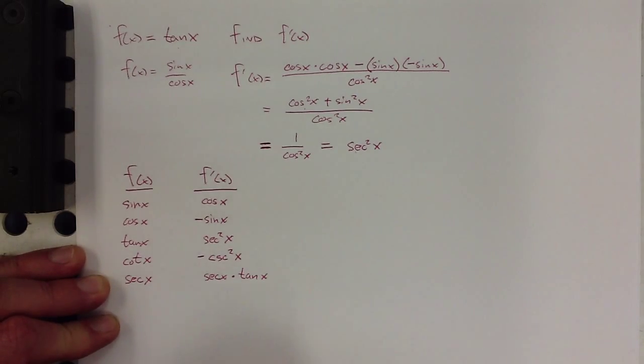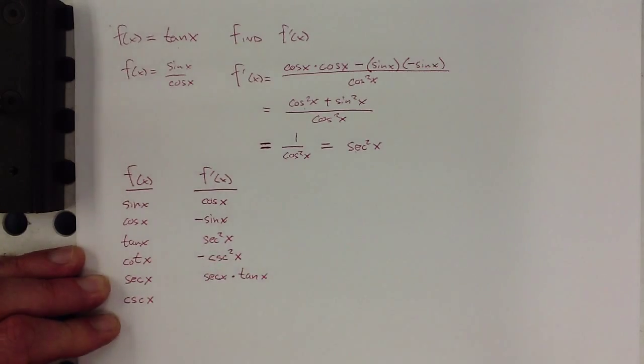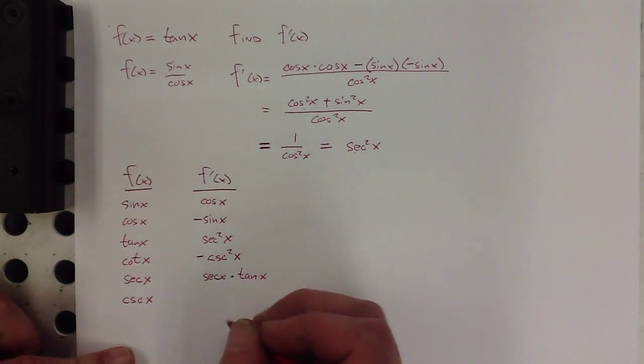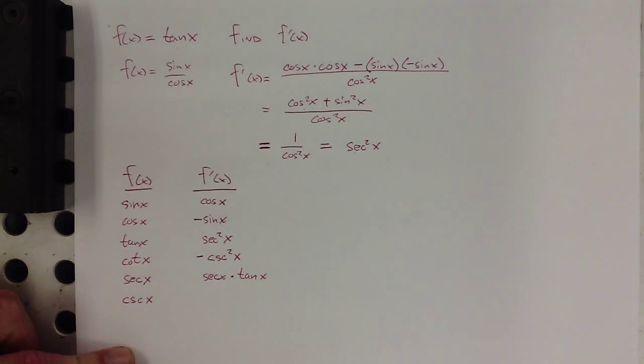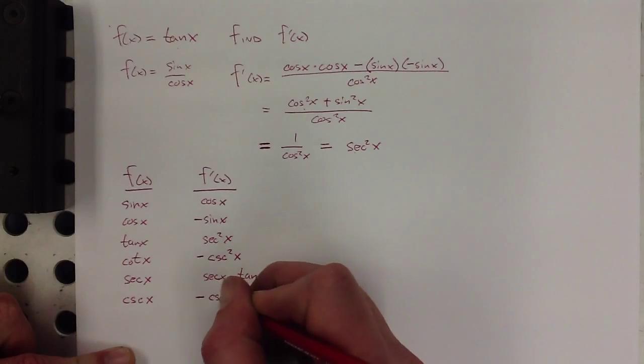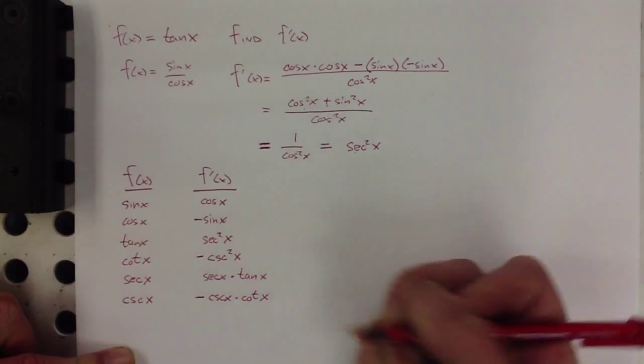And now that you know that one, maybe you could take a guess looking at the pattern again. Just pause it for a minute and see if you can look at that pattern and see what, if you had to take a guess. Did you pause? Give me another chance. It's negative cosecant x times cotangent x.